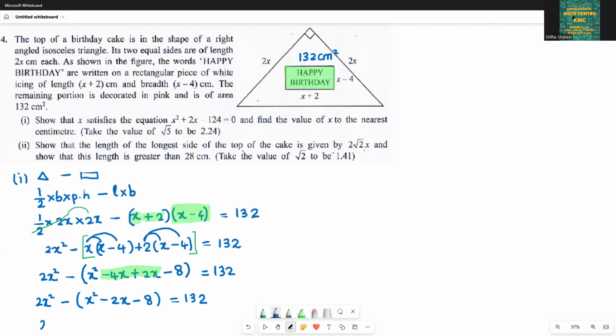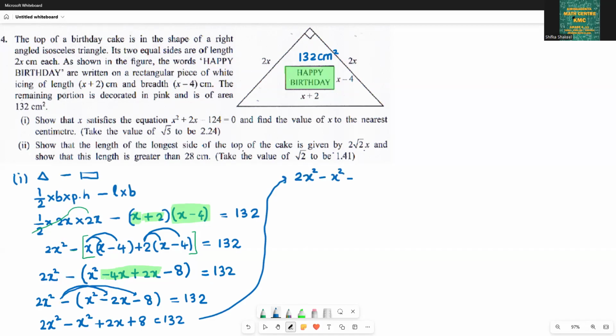Now we remove the bracket: 2x squared minus x squared. The outside minus changes the sign inside, so plus 2x. Again the outside minus changes the sign, so plus 8 equals 132. So we solve this further: 2x squared minus x squared plus 2x plus 8.